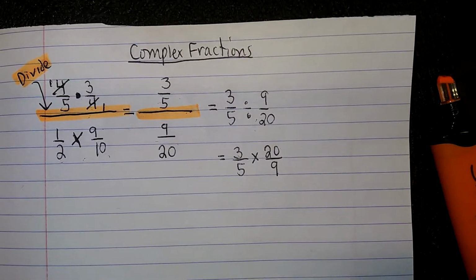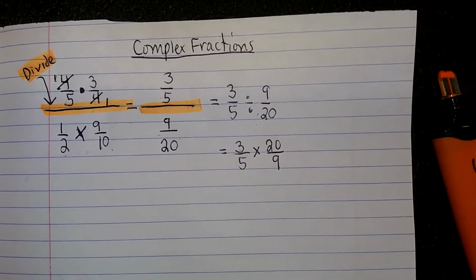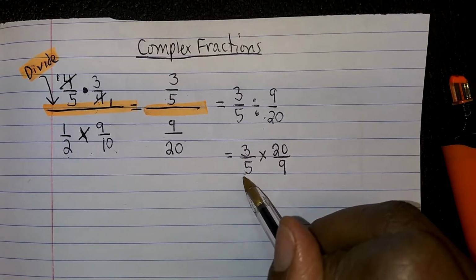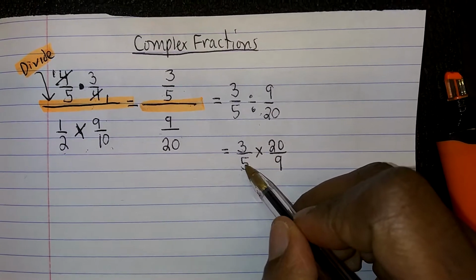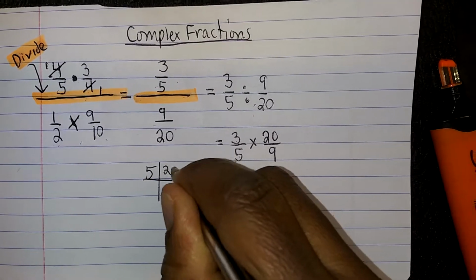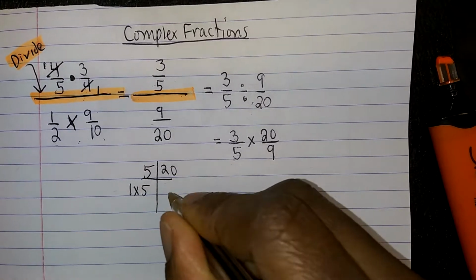I can multiply straight across and then reduce at the end by dividing by the greatest common factor. But I would prefer to go ahead and cross cancel now to make the numbers more manageable. So if I put 5 and 20 in the T-chart, I know that the factors of 5 are 1 times 5, only because it's a prime number.